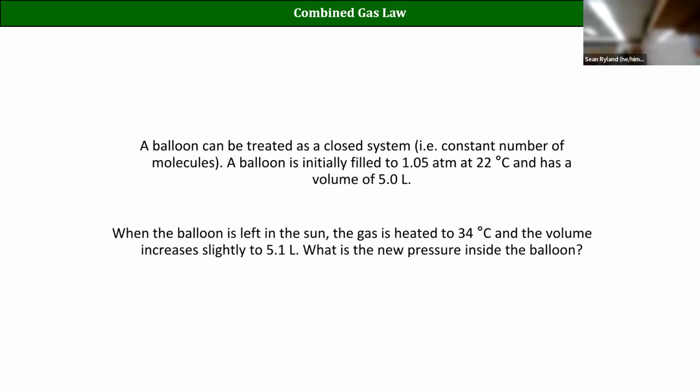Just taking these three and combining them together. So this one's just called the combined gas law. We're still assuming one variable is held constant though.